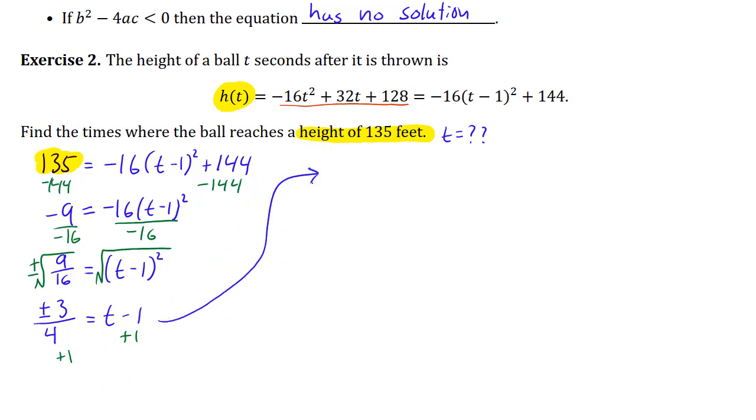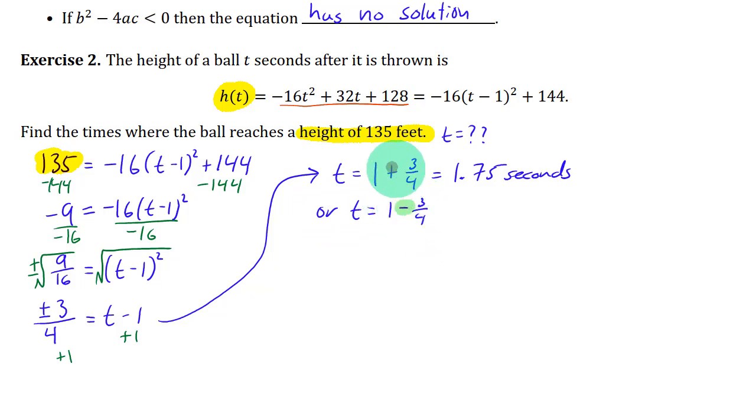So that means t could either be 1 plus 3/4, which comes out to be 1.75 if you want it as a decimal, or you'll get t equals 1 minus 3/4.